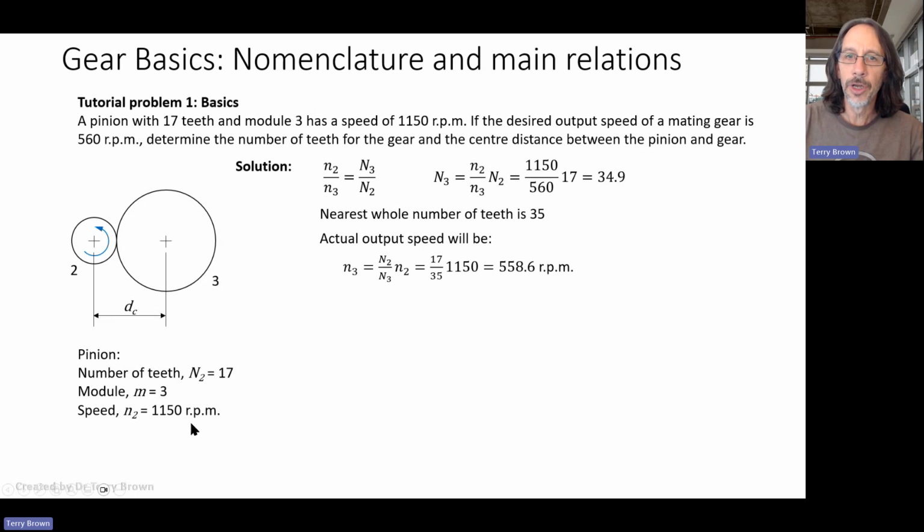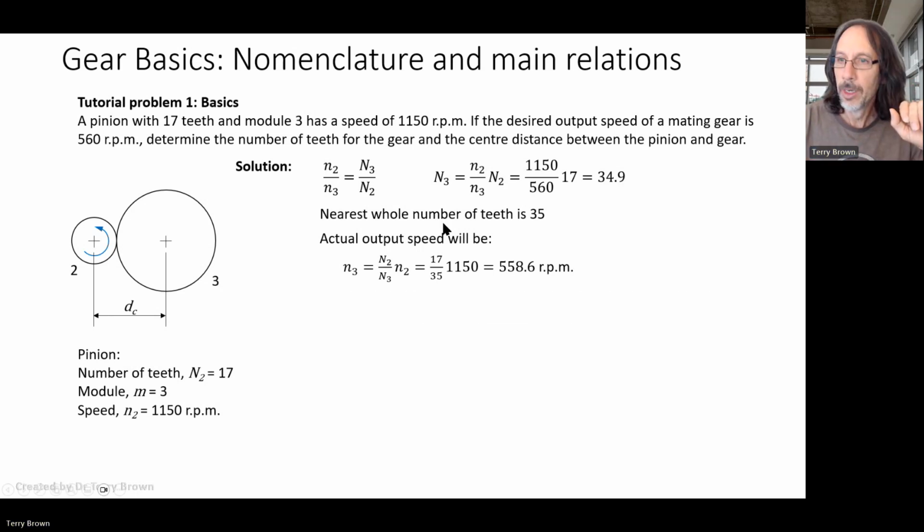If you know the size of the gear teeth from the module and you know the number of teeth, you can calculate what we call the pitch diameter, or the diameter of the pitch circle. The pitch circle is a theoretical circle from which all other parameters are based when we're doing our calculations with gearing. It's that theoretical circle where we've got two cylinders rolling on each other without slipping.